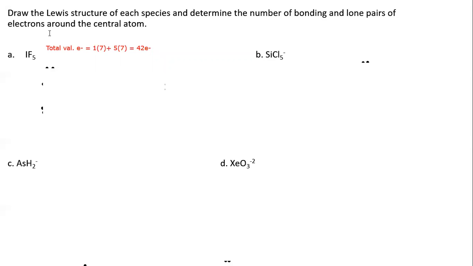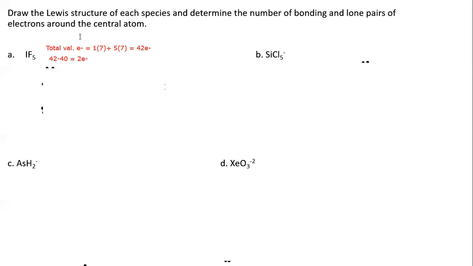Now, a quick way to determine the number of bonding and lone pairs is if you have a central atom bounded to halogens, you can take the number of halogens bounded to the central atom. That's going to be the number of bonding pairs. And then you take the number of bonding pairs multiplied by 8, we get 40. So 42 minus 40 means we have 2 electrons left over.